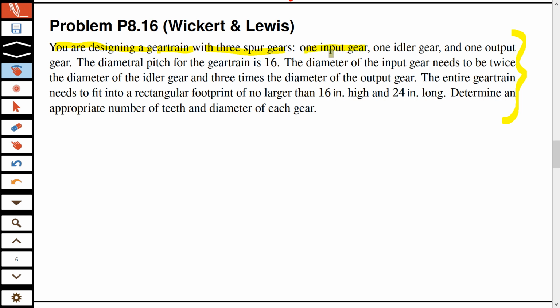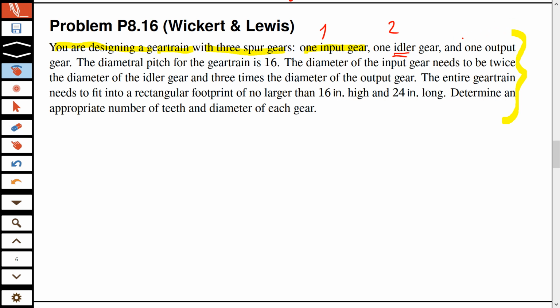One input gear, so let's identify that by I for input. One output gear, O for output. I think because this is an idler gear as well, maybe we just write 1, 2, 3. So let's call this 1, let's call this 2 the idler gear, and let's call this 3.